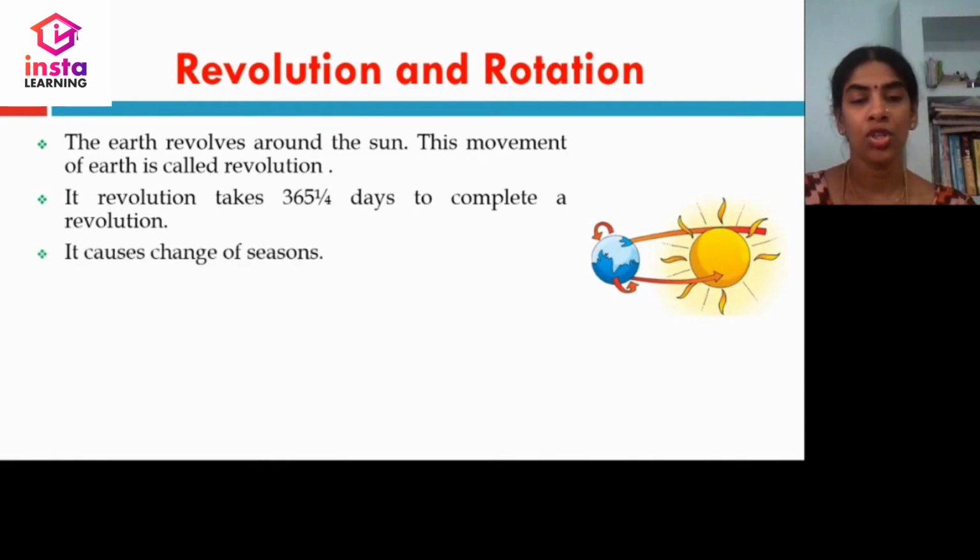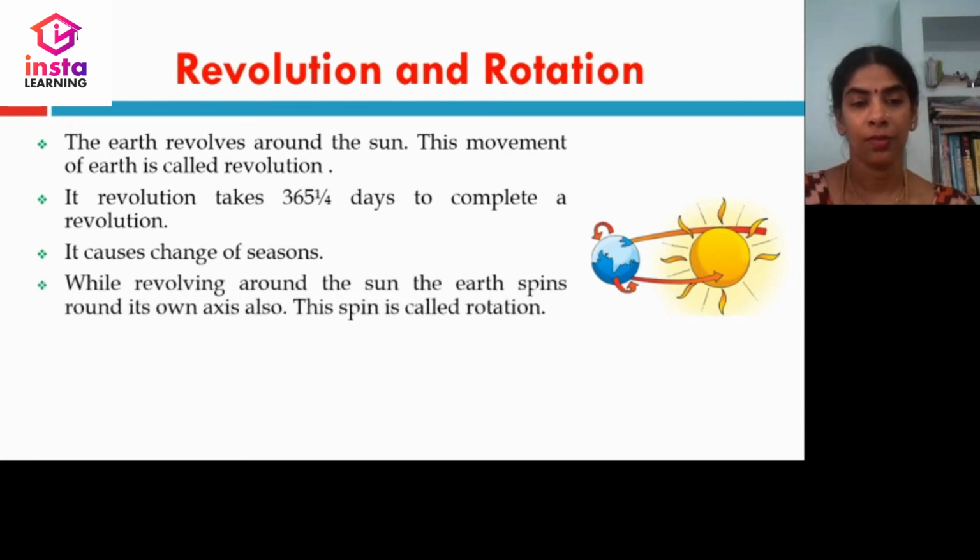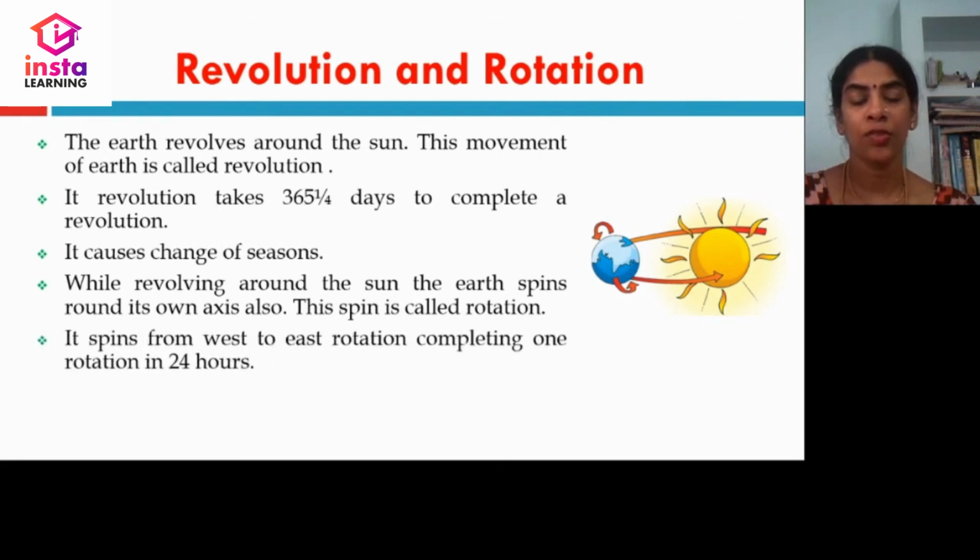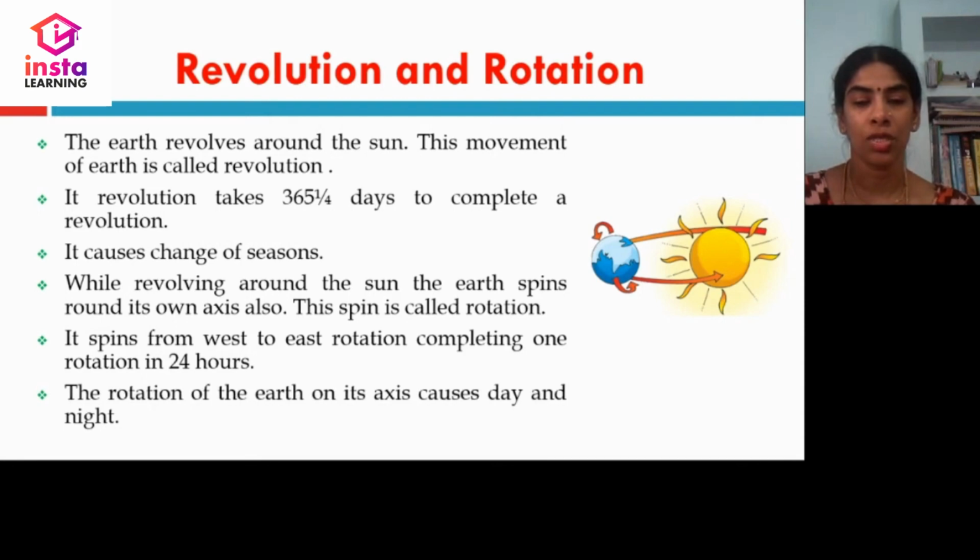It causes change of seasons. While revolving around the Sun, the Earth spins round its own axis also. This spin is called rotation. It spins from the west to the east, completing one rotation in 24 hours. The rotation of the Earth on its axis causes day and night.